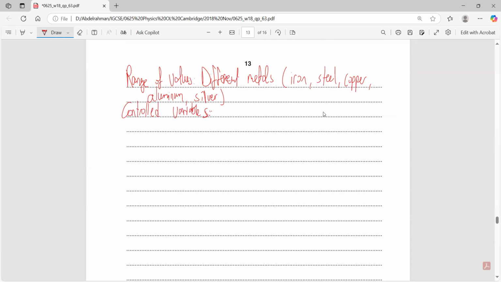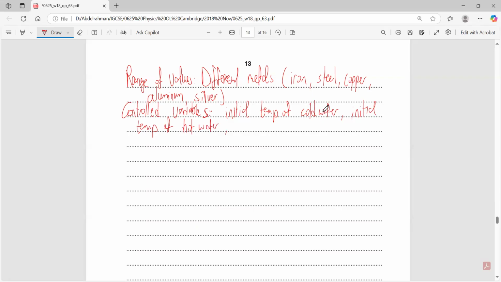We have to have a controlled variable, such as the initial temperature of cold water. Initial temperature, okay. Initial temperature of hot water.